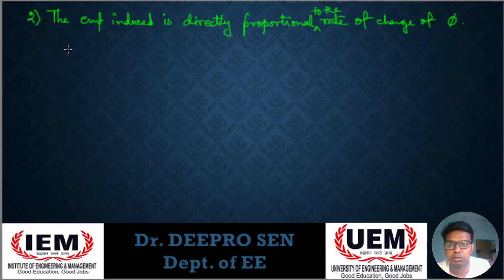What does this mean mathematically? E, that is the EMF, is directly proportional to the rate of change of flux, because whenever we're talking about a rate, the denominator will be dt, where t stands for time, and flux's change is given by d phi.